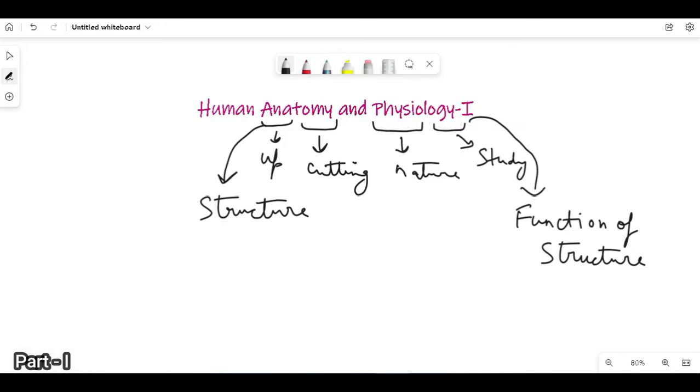In anatomy there will be the study of the structure, and in physiology there will be the study of the function of structure. So, in a simple way, we can define anatomy as the science of the body structure.